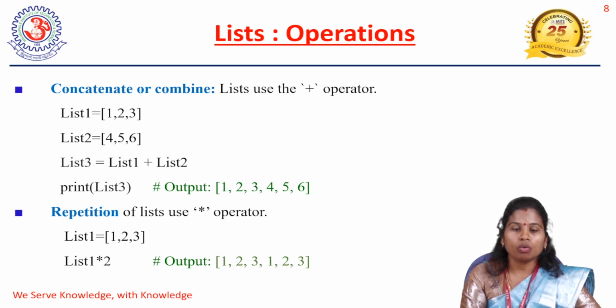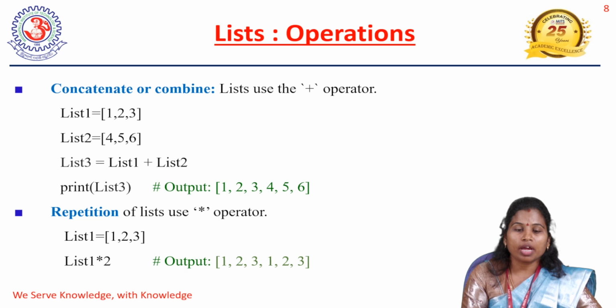Now I want to combine list 1 with list 2. For that the syntax is list 3 equal to list 1 plus list 2. List 1 contains 3 elements and list 2 also contains 3 elements.